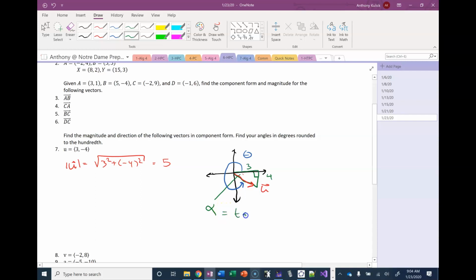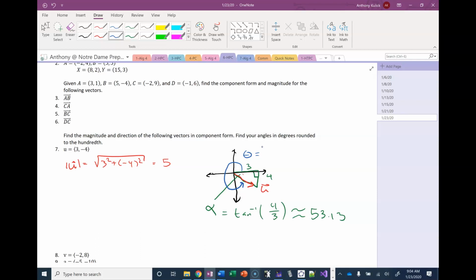So alpha is going to be tan inverse of opposite over adjacent. And when I type this into my calculator, I get approximately 53.13. And I'm going to then use that to find the value for theta.